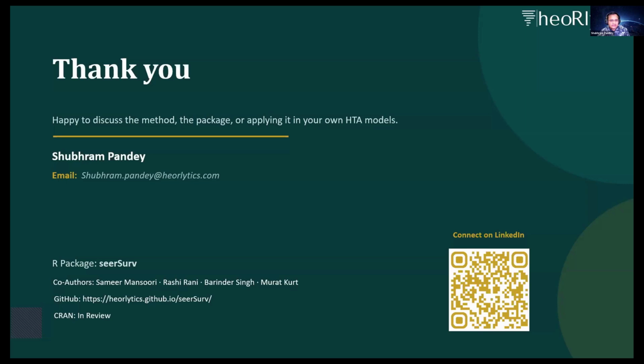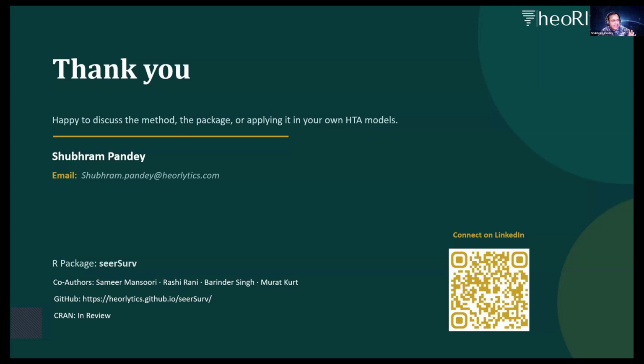I'm sorry, I still can't get the full question, but I think what you are asking is how we are using SEER, because SEER is not based on any treatment. The data is not based on any treatment, so we can't apply these transition probabilities to the treatment in the model.